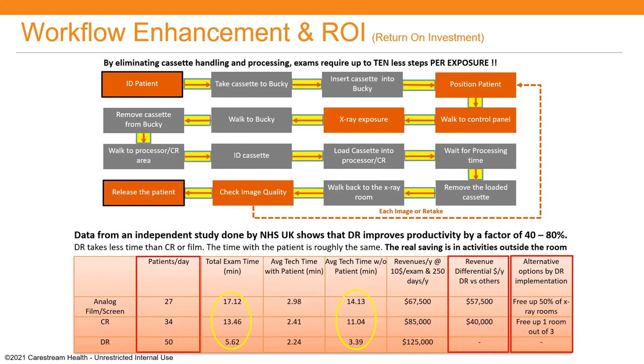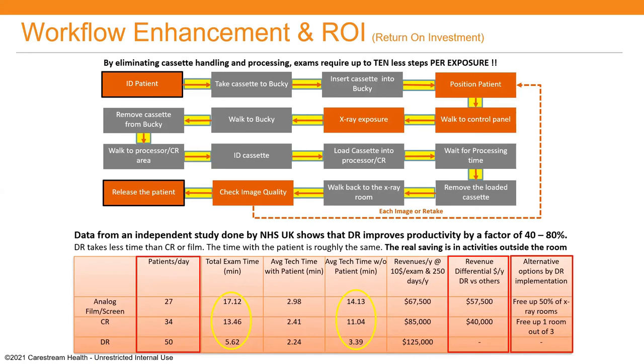It means that a facility that moves from film screen to DR could get the benefit of $57,000 in incremental revenues. And this is a massive amount of money, and the investment pays back really quickly when you transition from analog to DR.